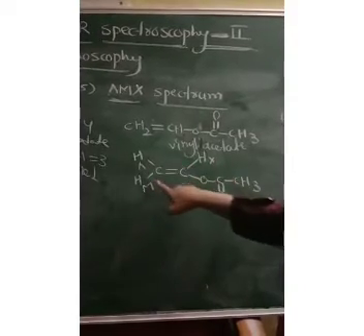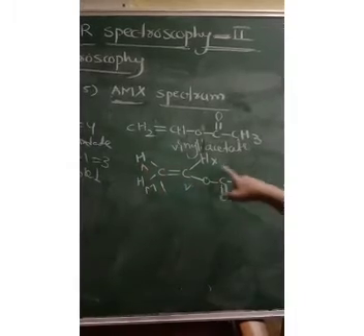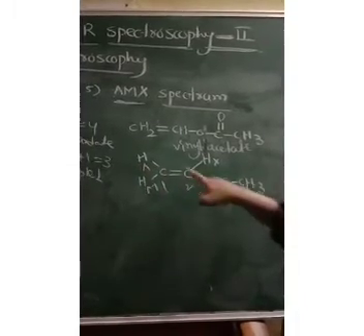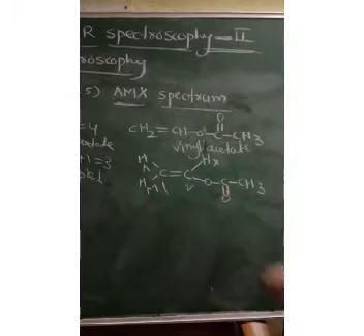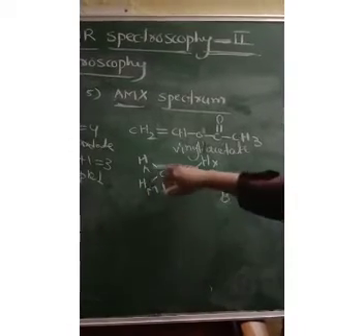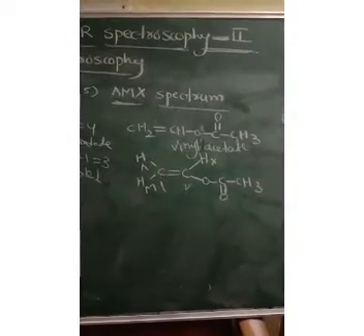Since it is an unsaturated molecule, one proton is cis to the acetate group, one proton is trans to the acetate group, and the other is geminal. That's why these are chemically and magnetically different protons.